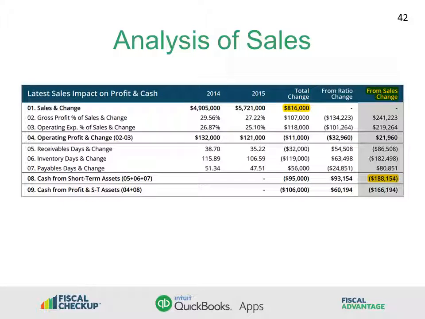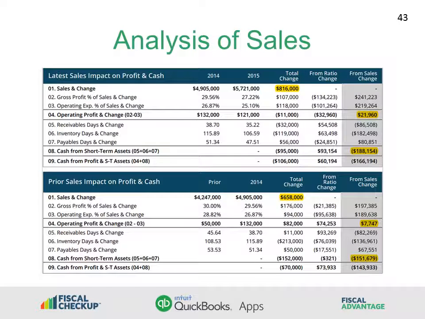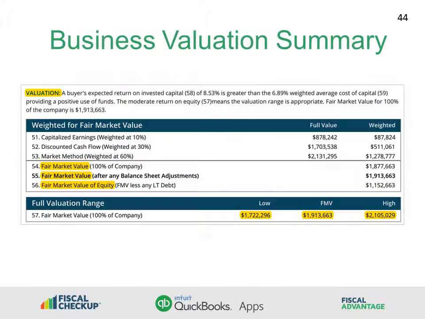We can also see that the working capital used to fund the $816,000 increase in sales was over $188,000. This means that the $816,000 of new sales consumed $188,000 of cash. The same analysis is also included for the prior year.